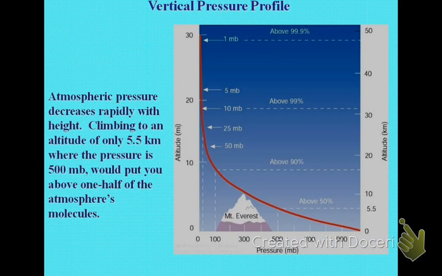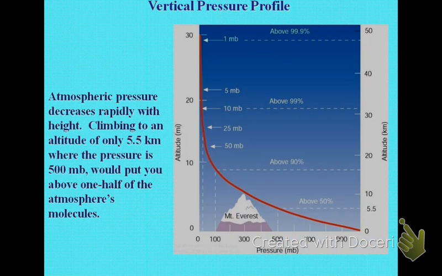It says atmospheric pressure decreases rapidly with height. So not only will it decrease, but the higher you go, it'll decrease very, very fast. You see Mount Everest there, it's decreasing. If you notice on the right side of this graph, they're measuring the altitude in kilometers. On the right side, it says MI, so it's measured in miles, which just shows the comparison.